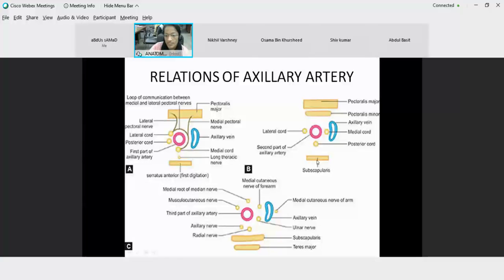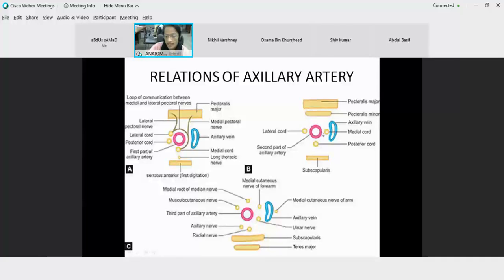The posterior cord of brachial plexus and subscapularis muscle come posterior to the second part of axillary artery. Then medially we have the axillary vein, like I already said, throughout the course medial is the axillary vein, and also we have the medial cord of the brachial plexus. Then laterally we have the lateral cord of the brachial plexus.